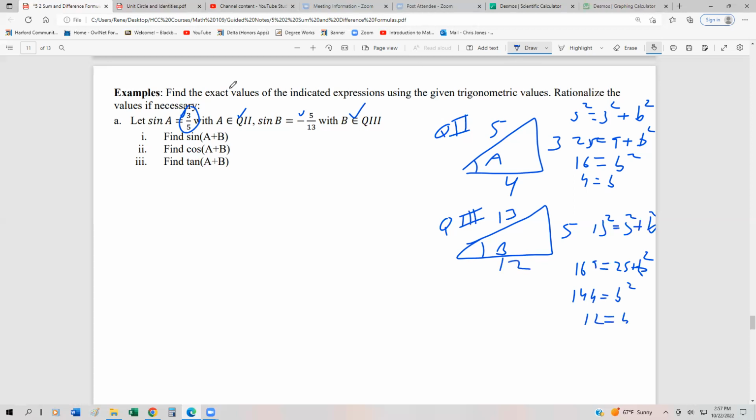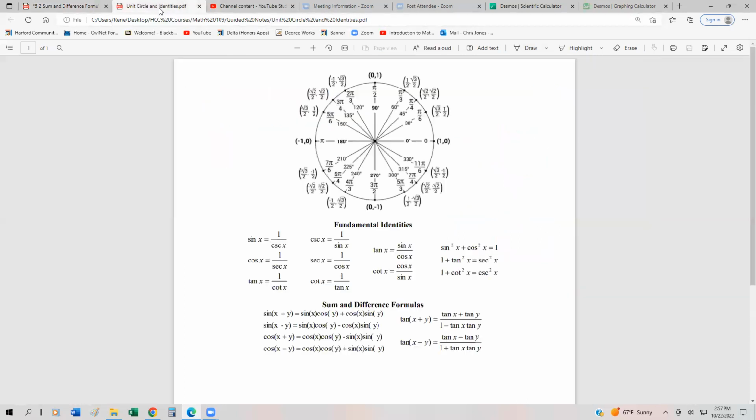All right, so now we can figure out what the sine of a plus b is by using the sum and difference formula. Remember, the sine of a plus b is sine cos plus cos sine.